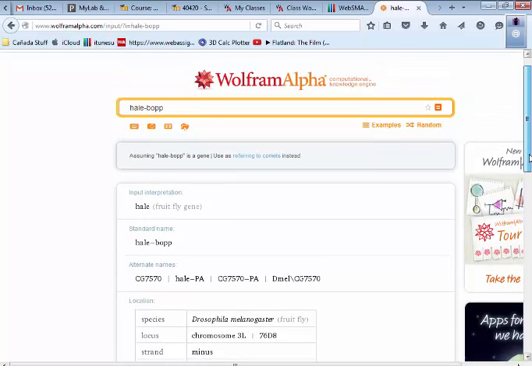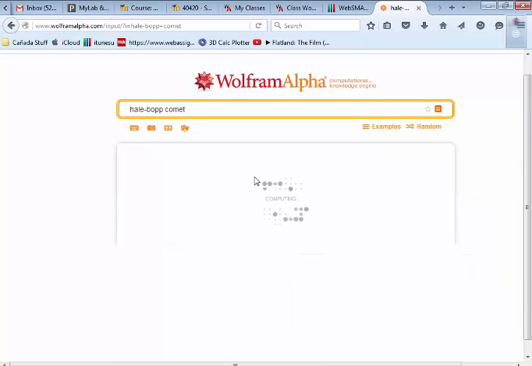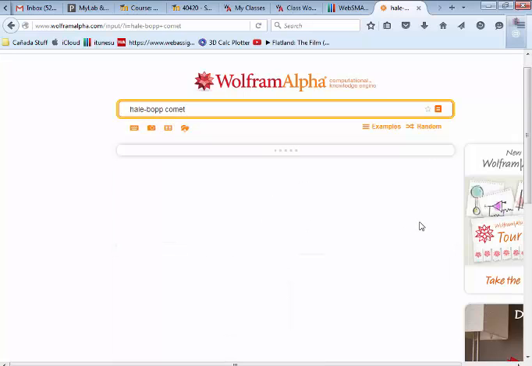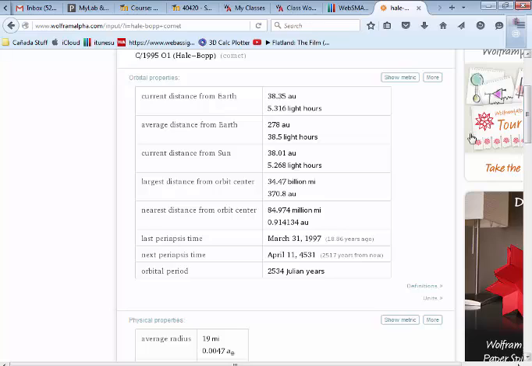Let's put comet. Oh, currently it's 38.35 astronomical units away from the Earth, and its current distance from the sun looks like it's fairly close.